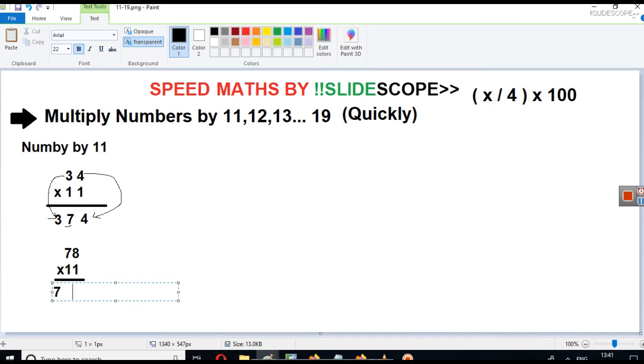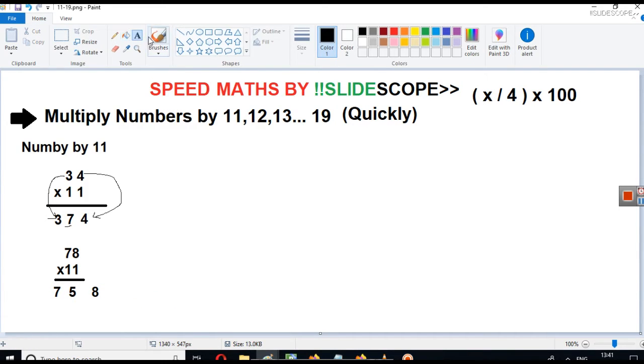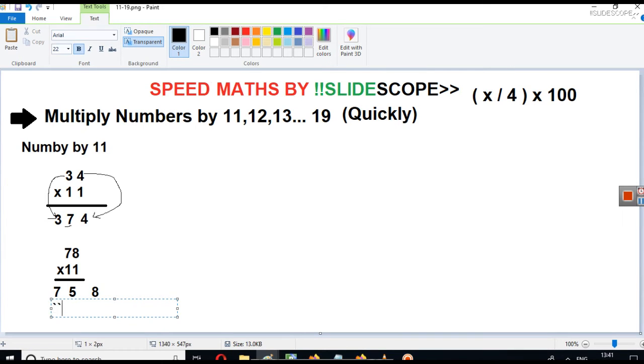Write 7 in the first place, 8 in the last place, but now you can see 7 plus 8 is 15. So you have to write 5 here, and 1 will be taken as a carry. In such cases, when the sum is more than 9, you have to take the carry.